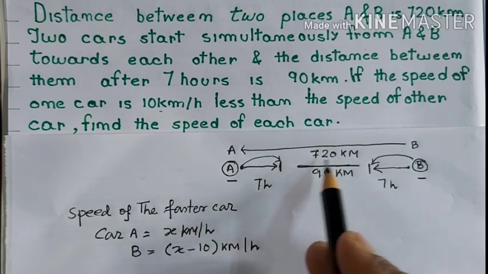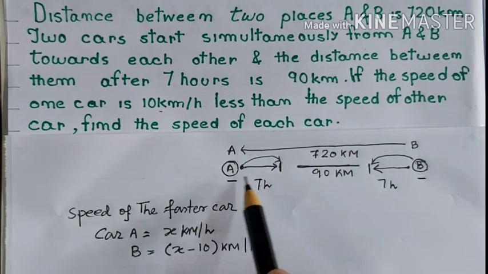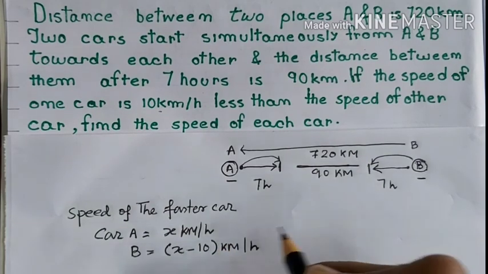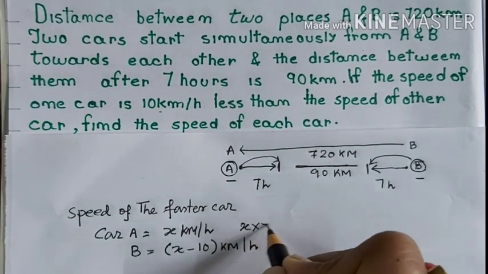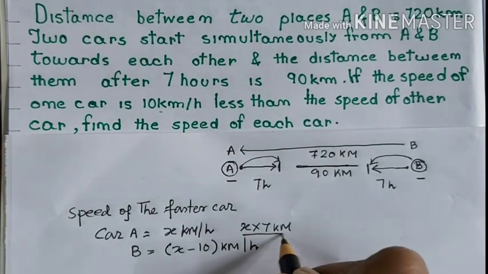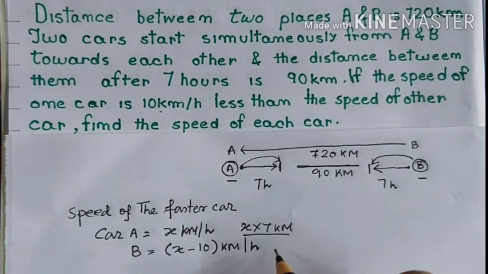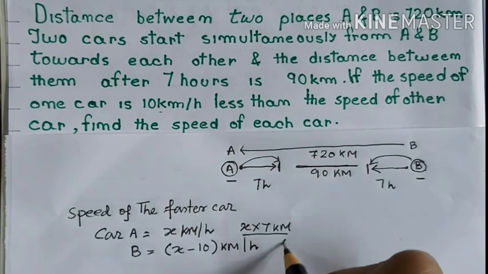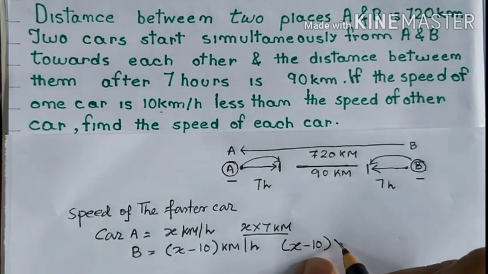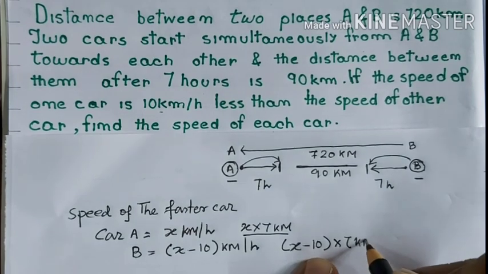As per the question, it is also mentioned after 7 hours. So after 7 hours, how far will they reach? Car A will reach x into 7 km. This is the distance they will cover. And after 7 hours, car B will reach at the speed of x minus 10 km per hour into 7 km.